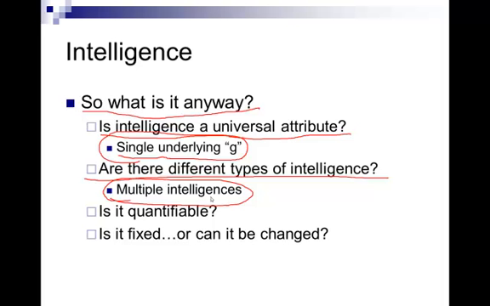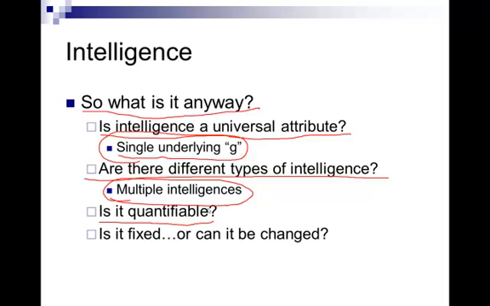People are still trying to figure that out. Is it quantifiable? Can we put a number to it? If you say your IQ is 60, is that good or bad? If your IQ is 160, is that good or bad?